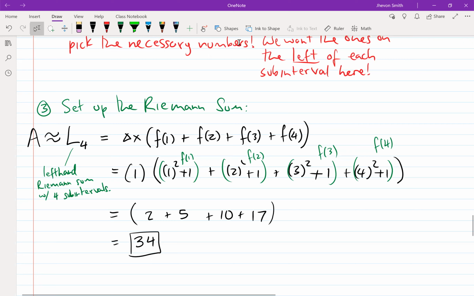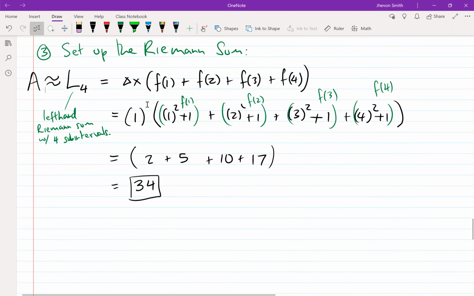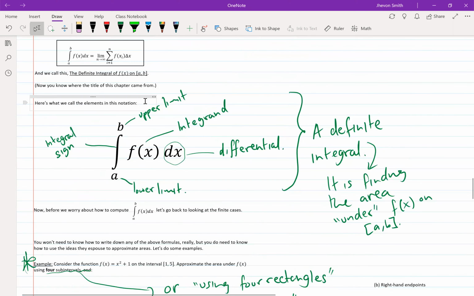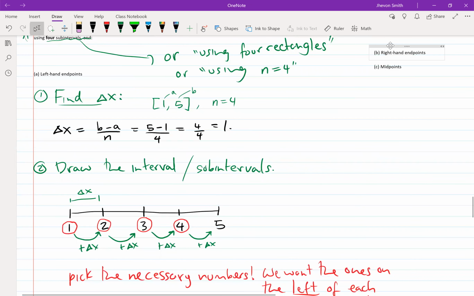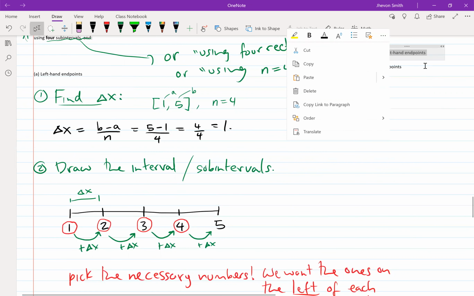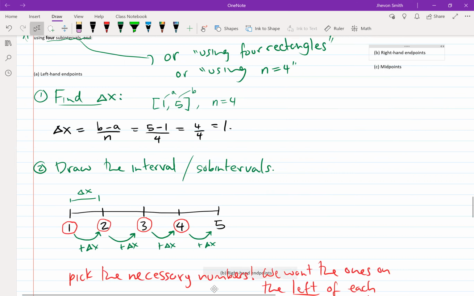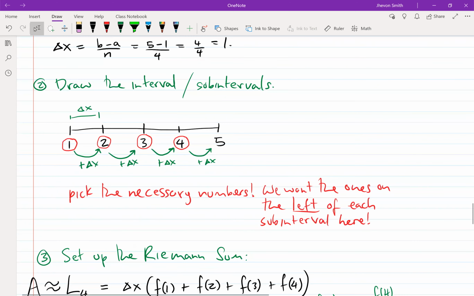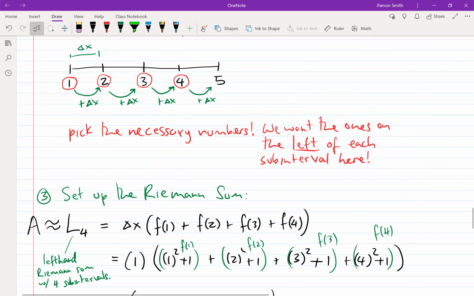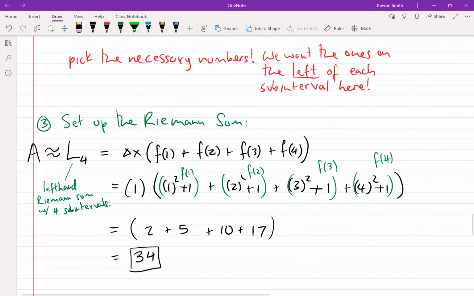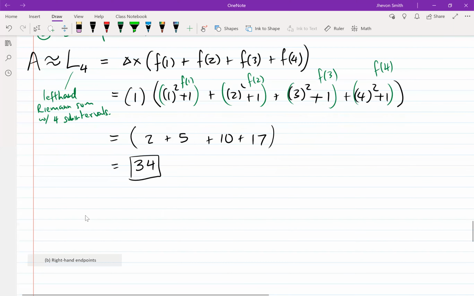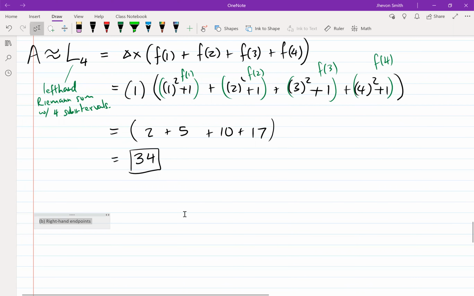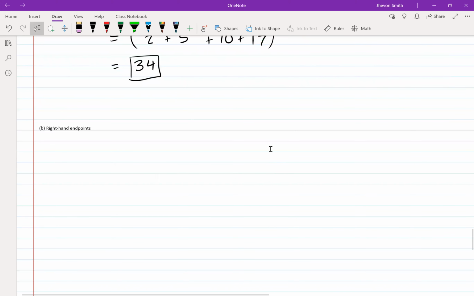Okay. Now let's do another one. We're going to do the same thing, but now we're going to do the right-hand endpoints, part B. So let's go through this again.